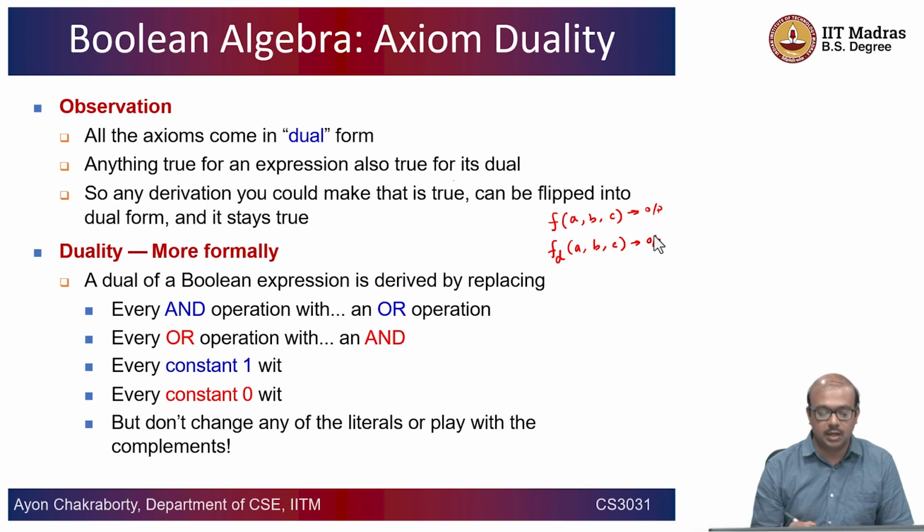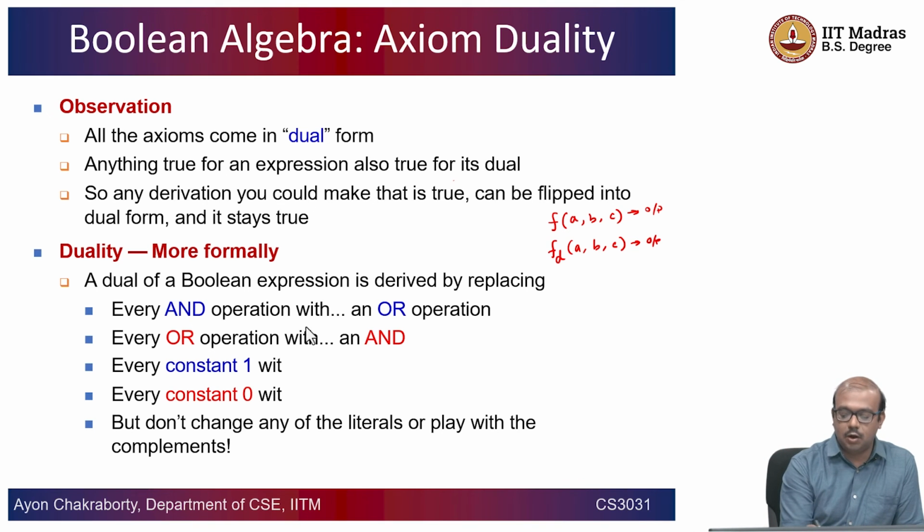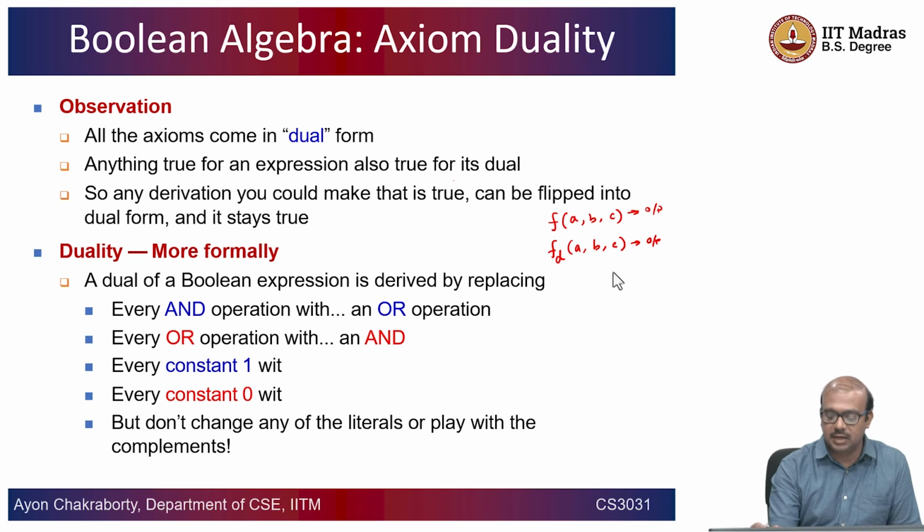And this is the axiom for duality. So every AND operation is going to be replaced by an OR operation. So suppose you had A and B in the expression, that is going to be replaced by OR. Every OR operation is going to be replaced by an AND operation. Every constant 1 with 0 and every constant 0 with 1.